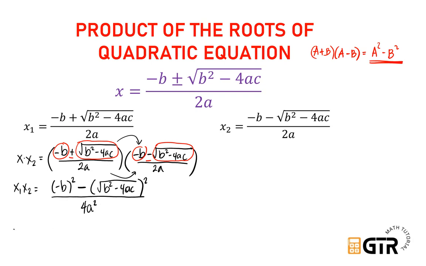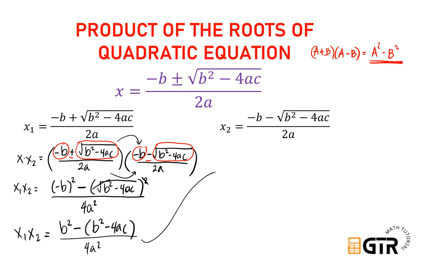Let's simplify. Negative b times negative b is equal to b squared. For this part, we have a square root and a square, so we can simply cancel them, and we have a negative sign, so negative b squared minus 4ac all over 4a squared.